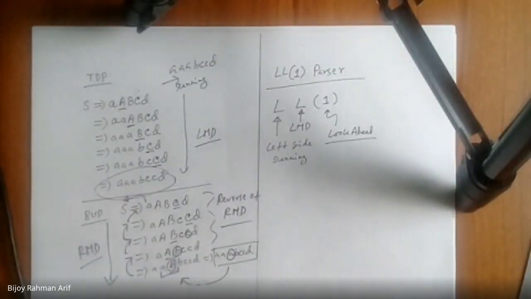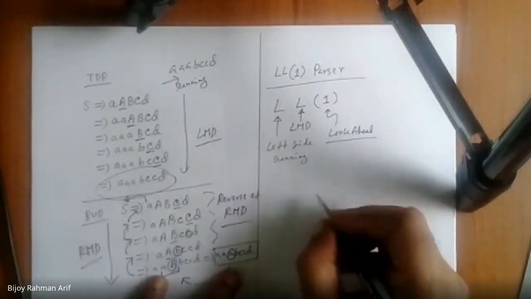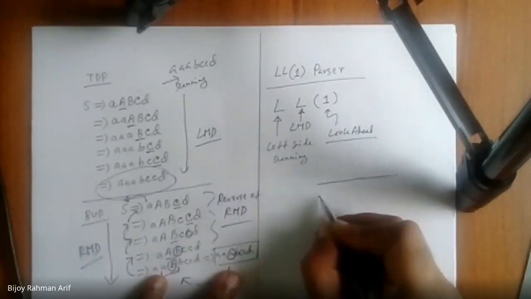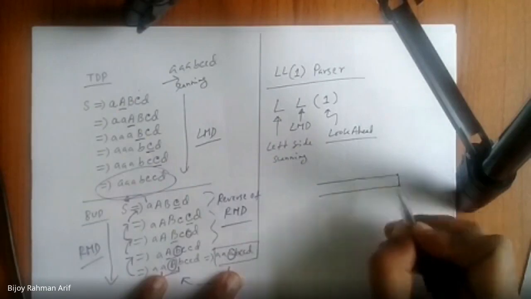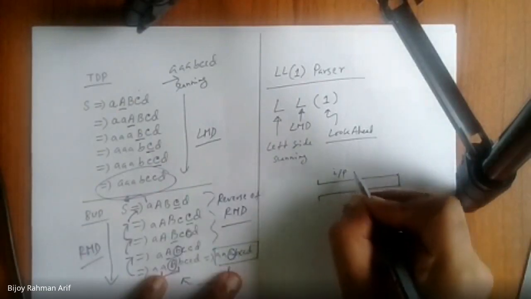Before going into more detail, let's draw a schematic diagram of the LL1 parser. It should have an input buffer. Why do I need an input buffer? What is the input buffer?